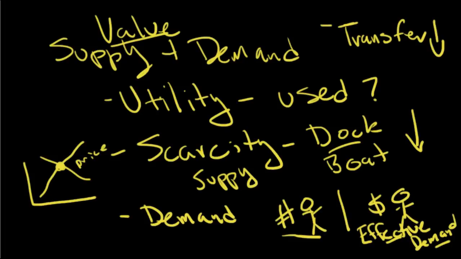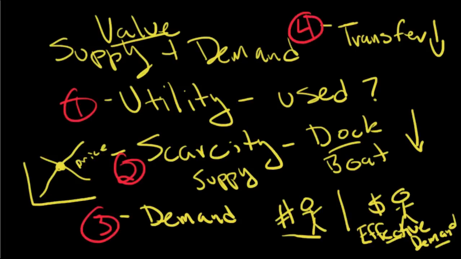So these are the 4 characteristics of value, and since we've made quite a bit of a mess on this page, haven't we, I'm just going to number them for you right now so that you can see them. 1 is utility, 2 is scarcity, 3 is demand, and 4 is transferability.